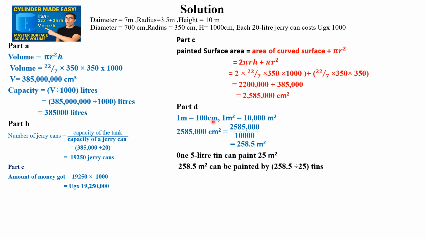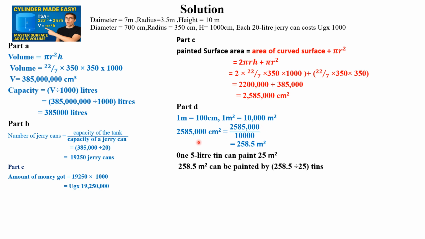But 1 meter is equal to 100 centimeters. It means that 1 meter squared is equal to 1 meter times 1 meter. But 1 meter is 100 centimeters, so 100 times 100, I get 10,000.